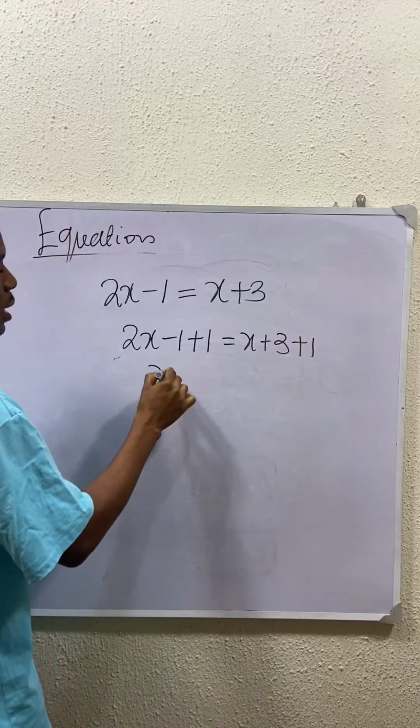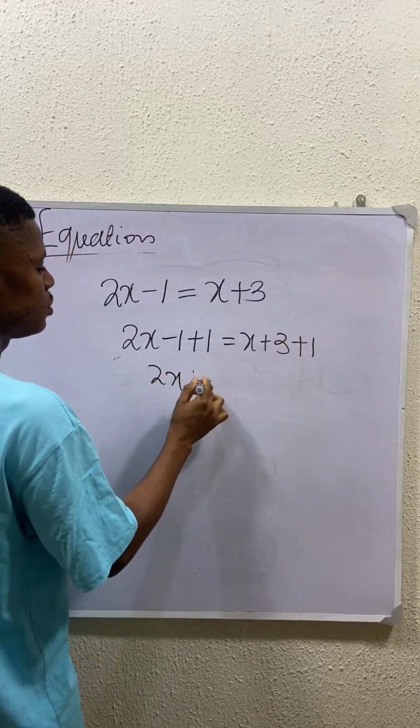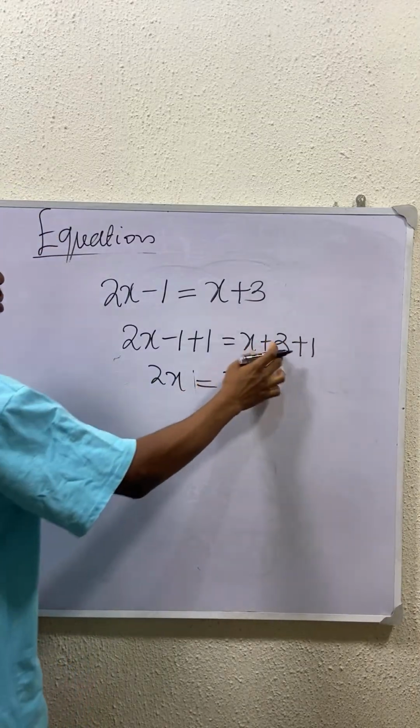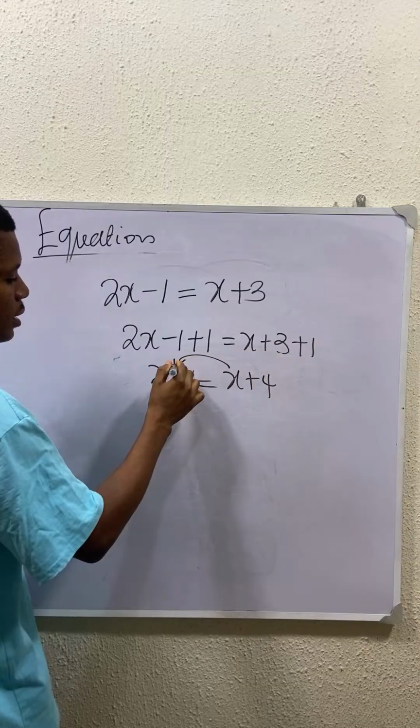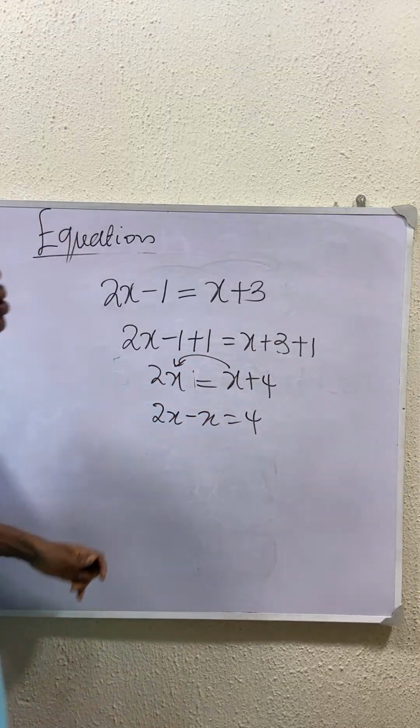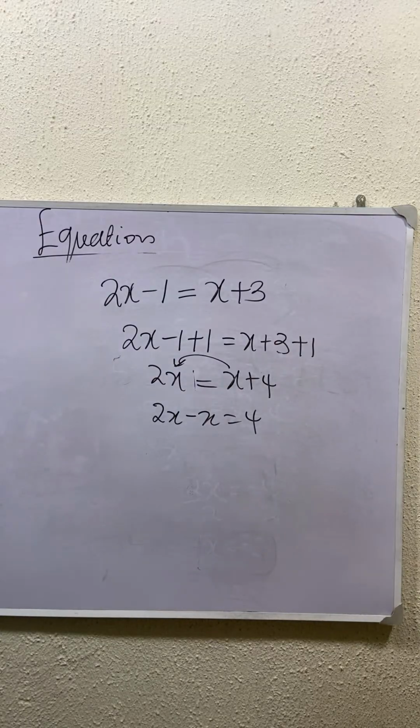So that's 2x is equal to x plus 4, because 3 plus 1 is 4. We subtract x. 2x minus x is equal to 4. So what's the value for 2x minus x?